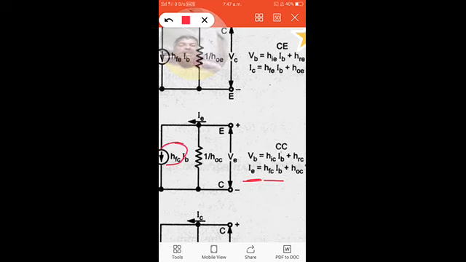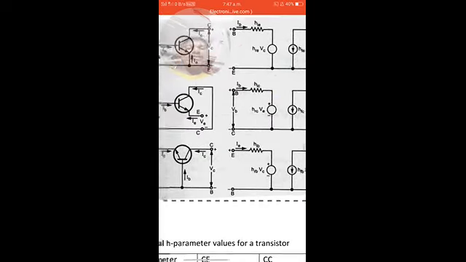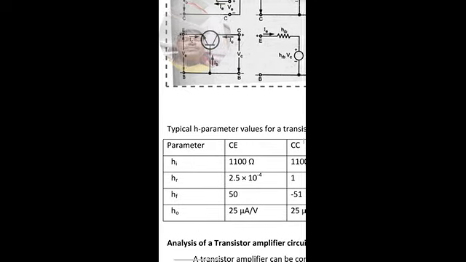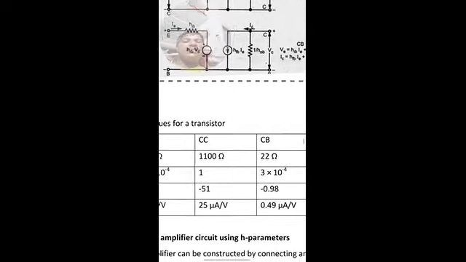So this is the figure. Like this we can represent the transistor hybrid models for the three configurations, CE, CB and CC.